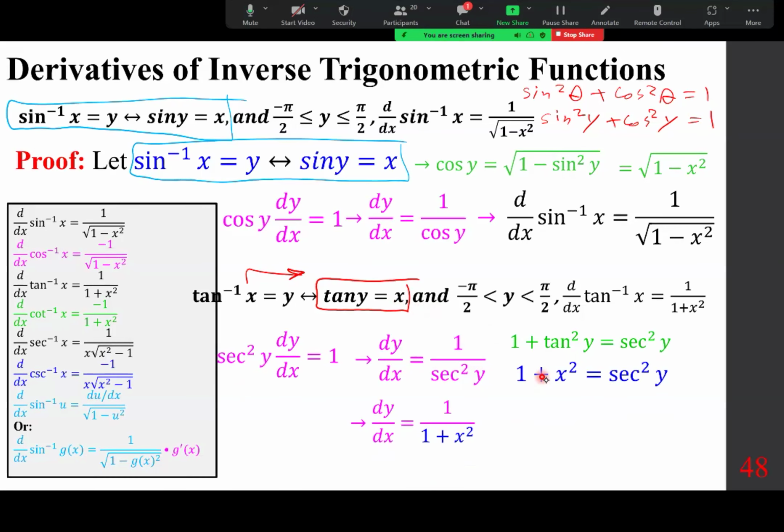And therefore, we proved the derivative of tan inverse of x is 1 over 1 plus x squared. We just proved that, everybody. It's very straightforward. So we are going to move on.